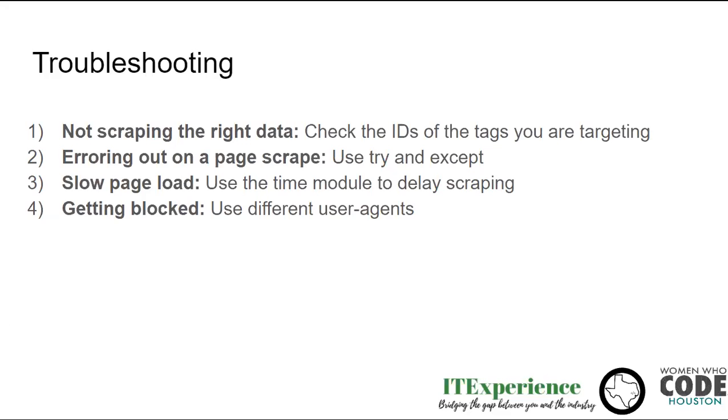So one of the things I generally do is put things in try and except blocks, so that if it were to crash, you could either have it throw an error, or it could save the link that it couldn't scrape appropriately. Things like that can be helpful in order to continue with the scraping process without your entire program failing, but can let you know if something isn't necessarily working correctly.